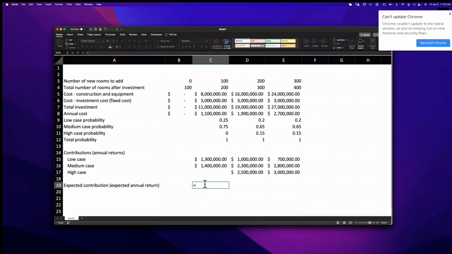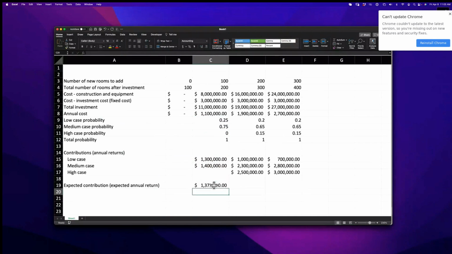So it equals sum product of these three probabilities with these three here. Convert that to currency.